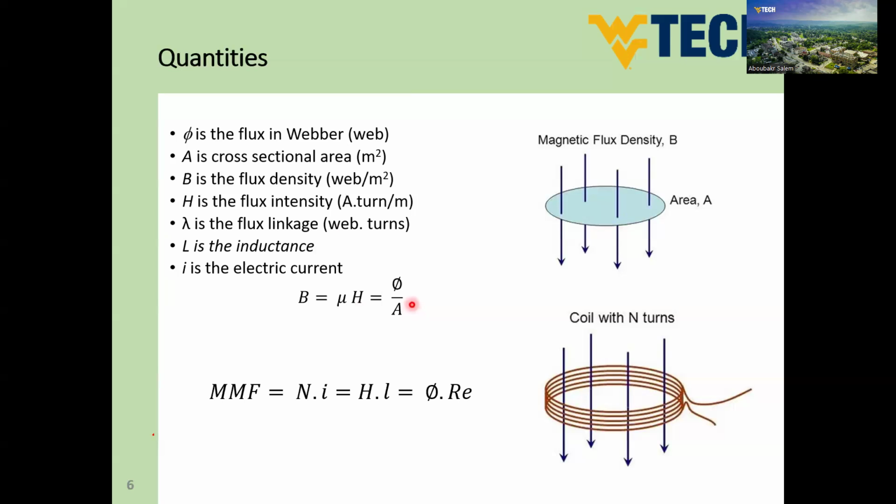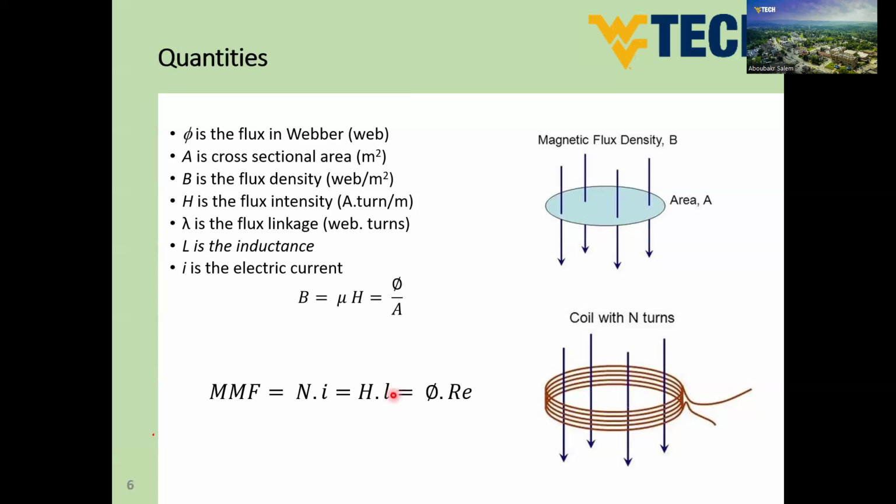Now, guys, since you have flux moving and you have currents, we need to know the magnitude of what's called magnetomotive force. The magnetomotive force, from the electricity side, equals N times I. N is the number of turns of this coil, and I is the current that flows in this coil.